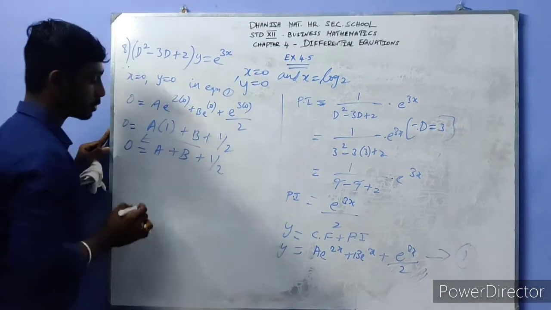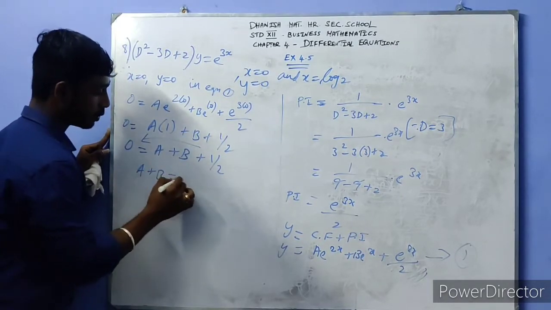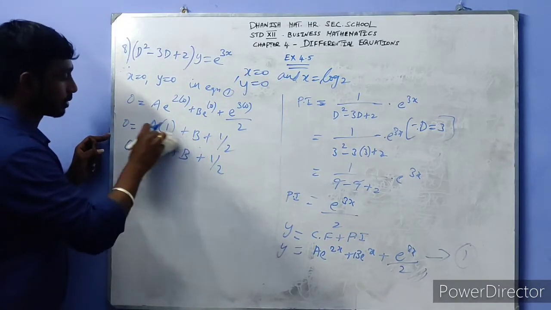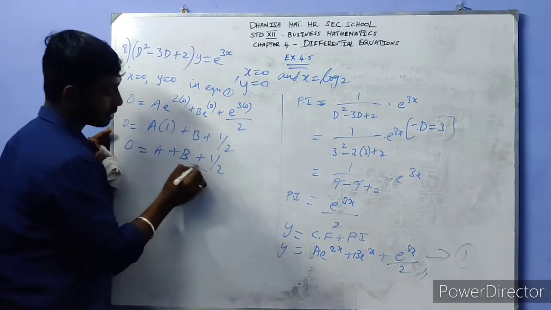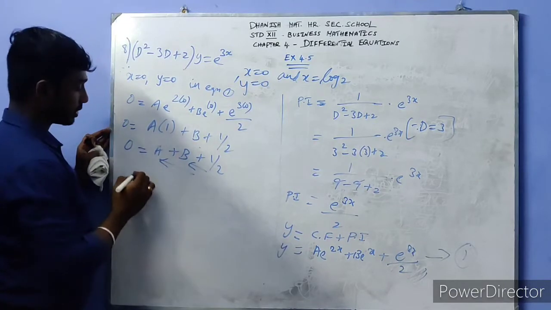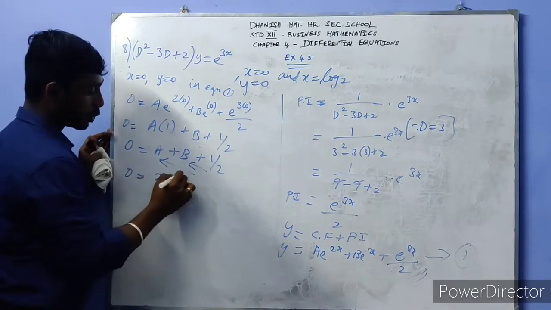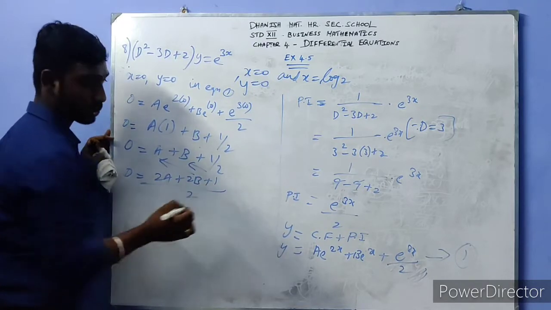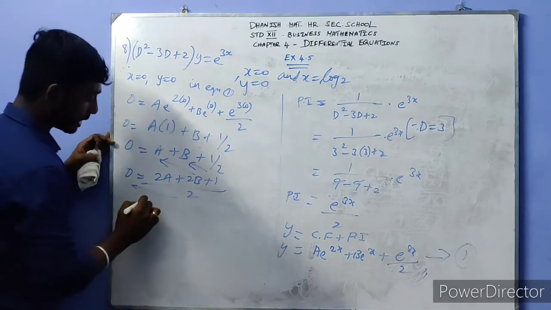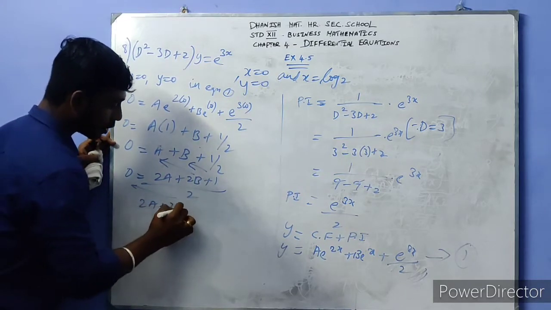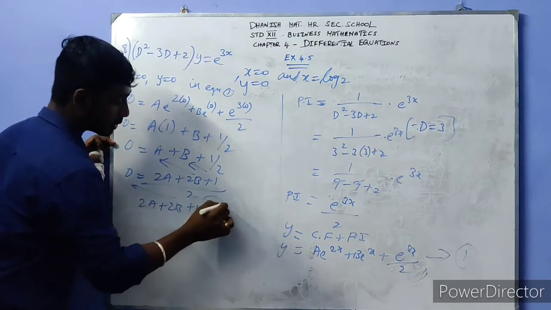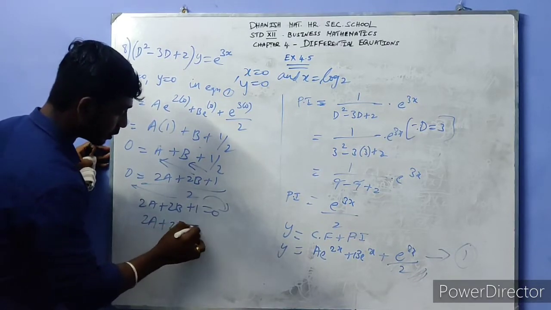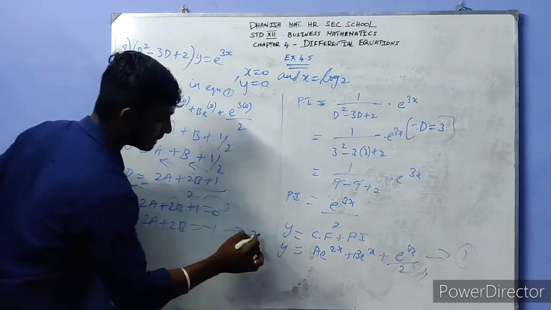Now taking LCM or cross multiplication method, that is 0 equal to 2A plus 2B plus 1 divided by 2. This 2 will go away, you are getting 2A plus 2B plus 1 equal to 0. This plus value will go to the other side and change into minus: 2A plus 2B equal to minus 1. This one is the second equation.